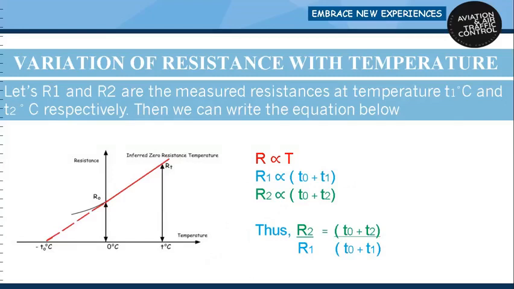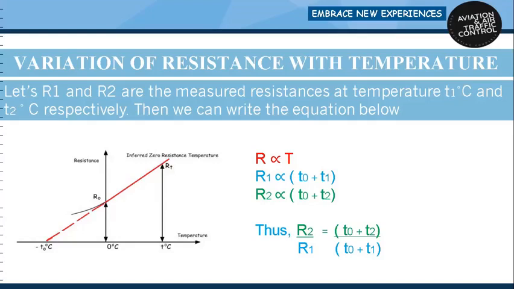If we take the ratio, R2 upon R1 is equal to T0 plus T2 divided by T0 plus T1. As they are proportional, if we make them in ratio, the constant quantities will cancel out. This will be the simplest expression for the variation of resistance with temperature.